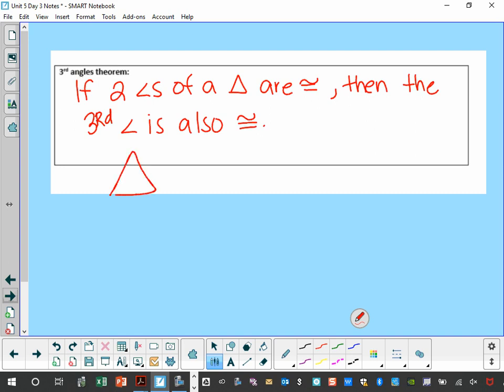But what that means is if I have a picture here, let's say I know this is 100 degrees, that's 100 degrees. This is 50 degrees, that's 50 degrees. And that means this last piece here has to be 30, and it's all going to be congruent. Okay? If two angles are congruent, the third angle has to be congruent.